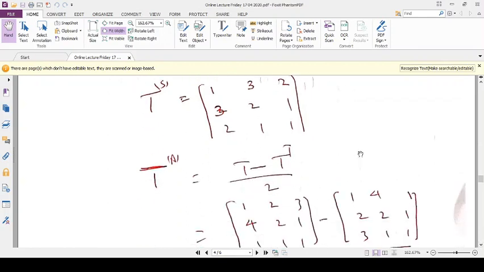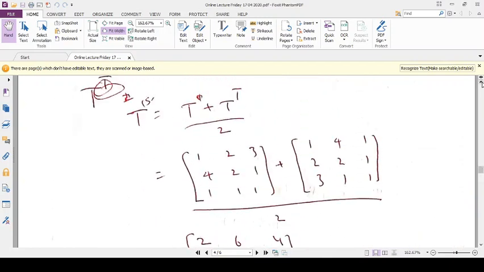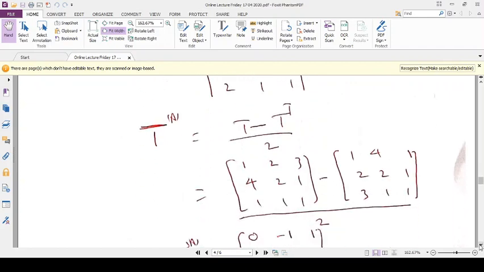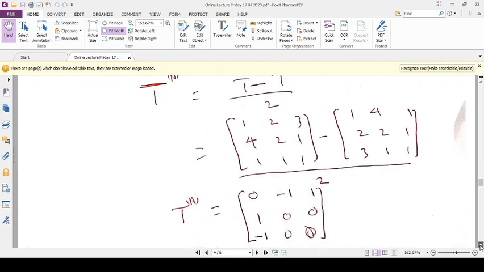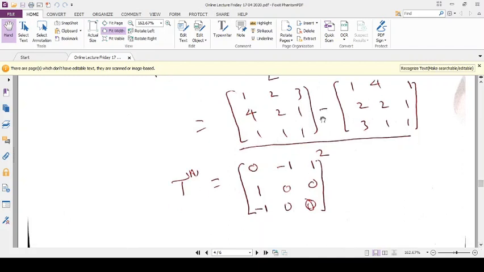For the antisymmetric part there is only a minus instead of the plus here. So you need to subtract the corresponding entries and divide the result by 2. 1 minus 1 is 0, divided by 2 is 0. 2 minus 4 is minus 2, divided by 2 is minus 1. 3 minus 1 is 2, divided by 2 is 1.